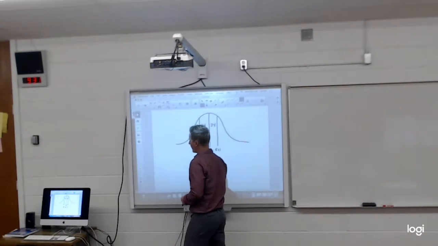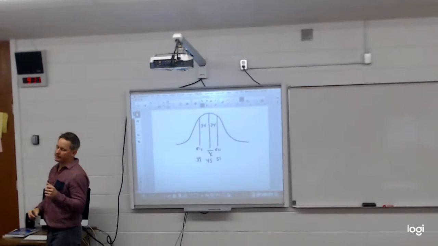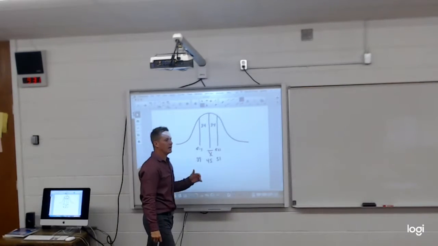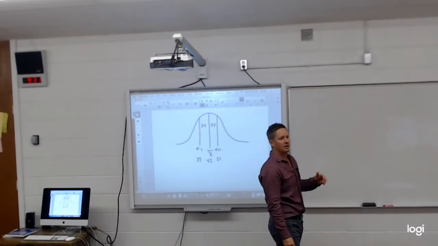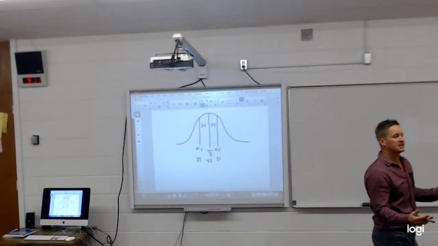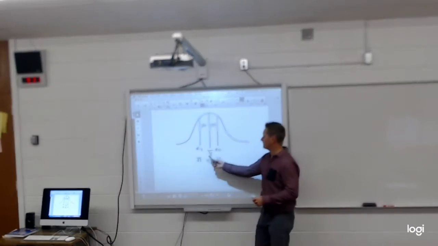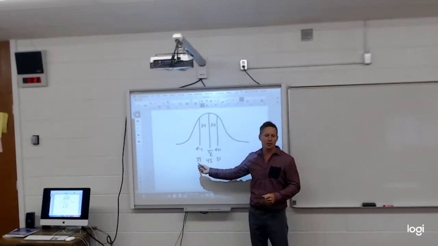Okay, so let's go back. The question said that they wanted to have all of their employees within a standard deviation of no more than 6. So that's a standard deviation of 6. That means that the lowest they want to see their employees take is 39 calls. All right, that's what they're trying to do.